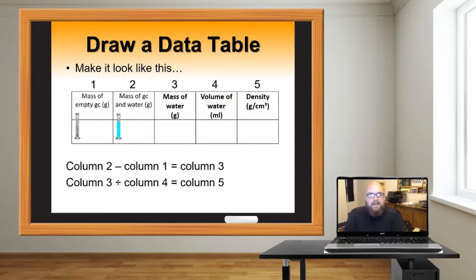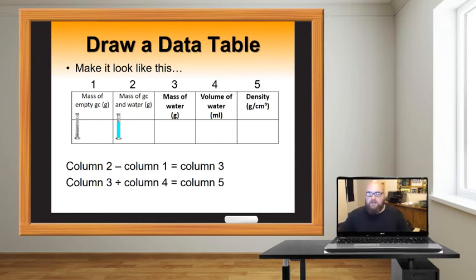Column 3 is the mass of the water in grams, so put the g. Then we have column 4, which is the volume of the water, which is going to be measured in milliliters. And then finally, column 5 is going to be grams per cubic centimeter for density.